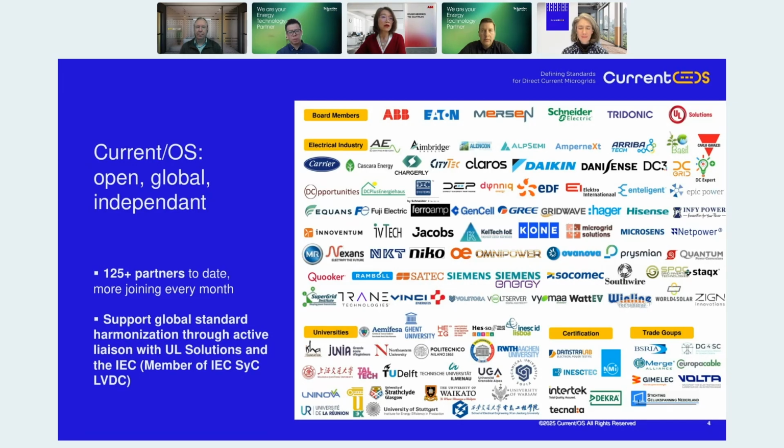And we also have players from Japan such as Fuji Electric and Nikkо, players from Australia such as DC3 Data and World for Solar, and universities from New Zealand such as Waikato. So this reflects a very dynamic and diverse DC community.